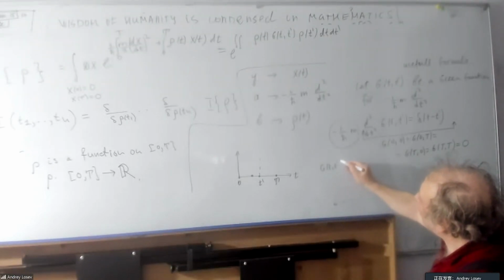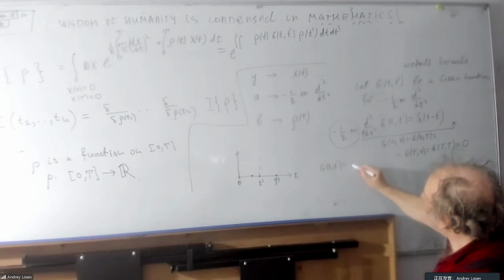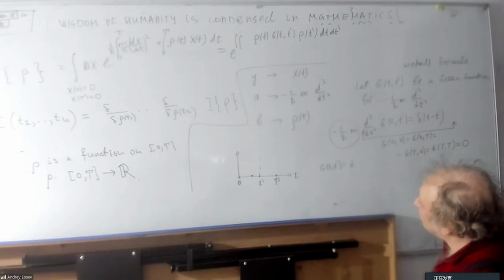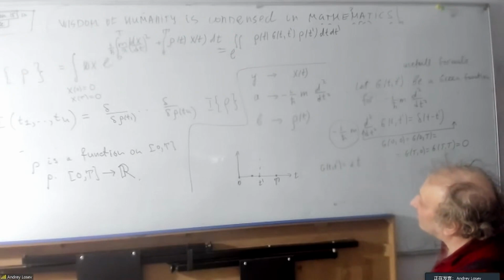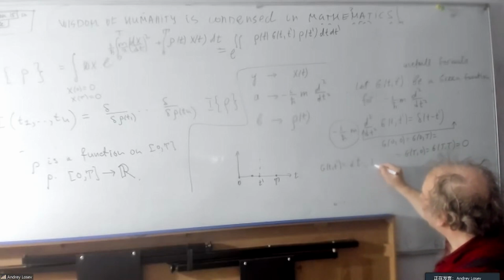G of t t prime should be equal to alpha t for t less than t prime.